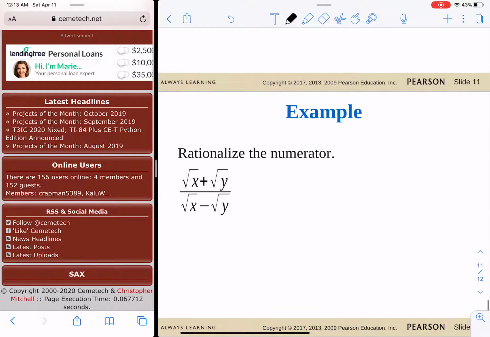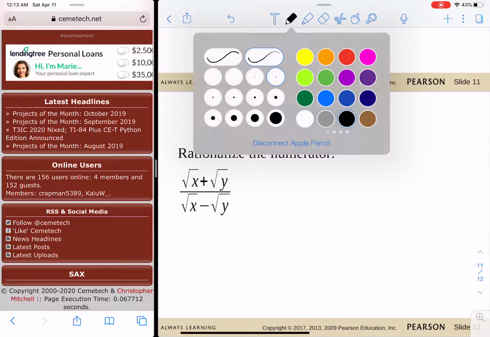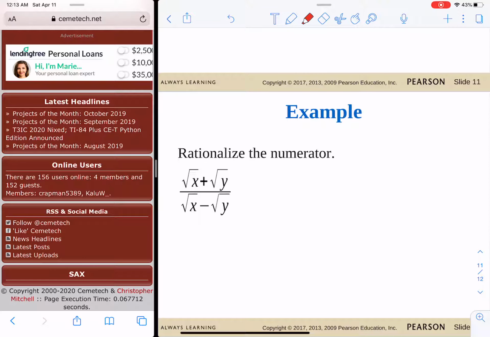So here we have an expression. In the numerator and the denominator, we have 2 terms. Our objective here is to rationalize the numerator. So the conjugate of the numerator expression is square root of x minus square root of y.